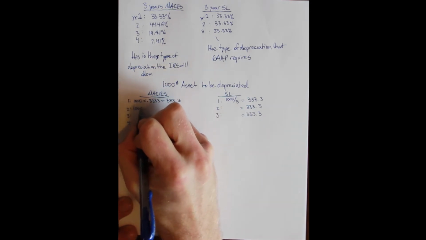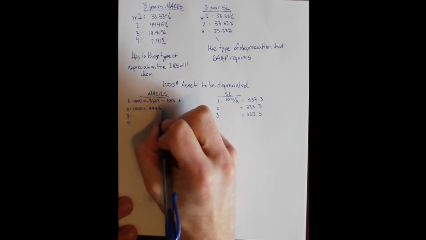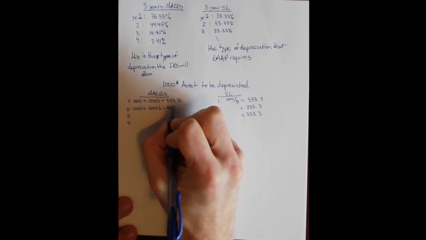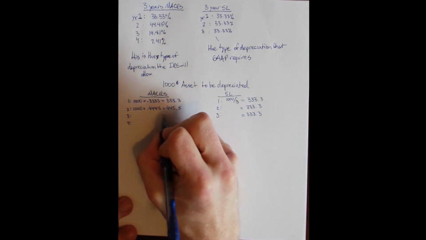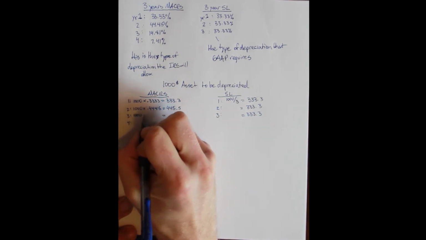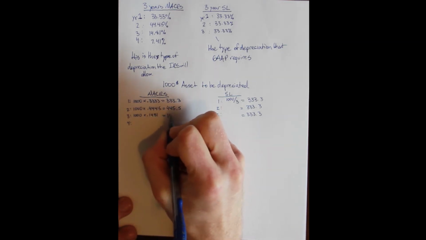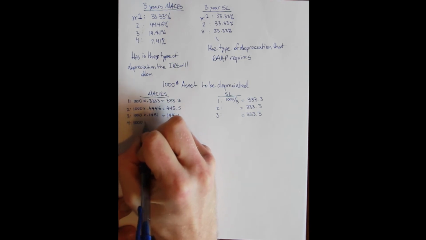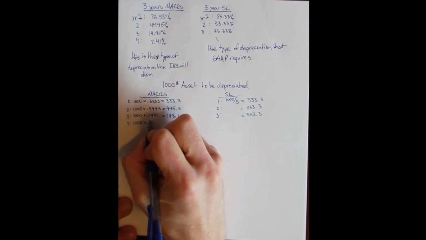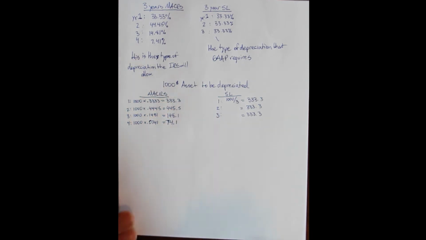We multiply the cost basis times 44.45%, and we get depreciation of 445.5. And then we multiply by 14.81% and get depreciation of 148.1. And finally 7.41% and get depreciation of 74.1.